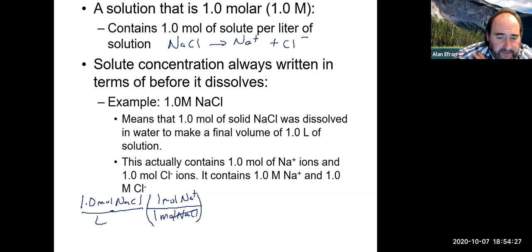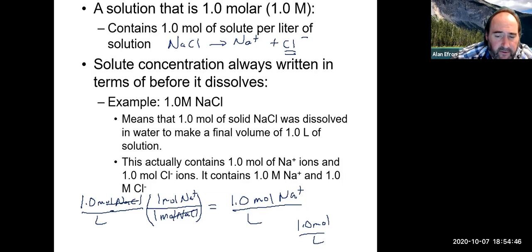Those cancel. If we were interested in just the ions of sodium, we could say that it is 1 mole per liter of just sodium ions present. If we did that for chloride, it would come out the same: 1 mole per liter of chloride ions present.